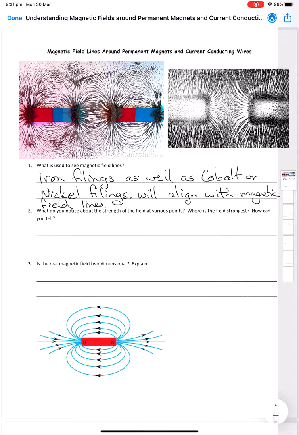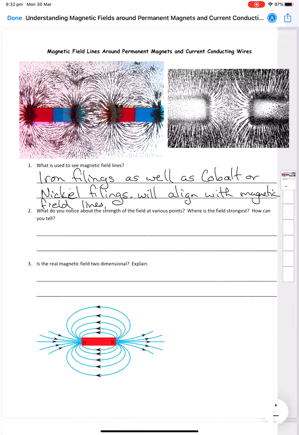All right. What do you notice about the strength of the field at various points? Where is the field strongest? How can you tell? If we look at the first image with the red and blue magnets, you can clearly see that most of the iron filings have accumulated at the poles of the magnet.